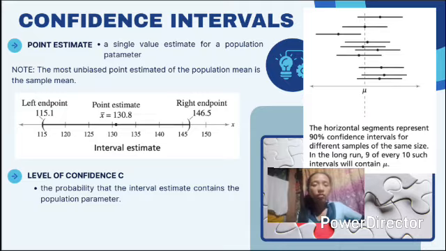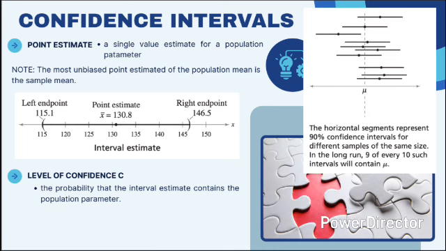Third is the confidence level, which is the degree of certainty, commonly 90%, 95%, or 99%. The general form of a confidence interval is equal to the point estimate plus or minus the margin of error.